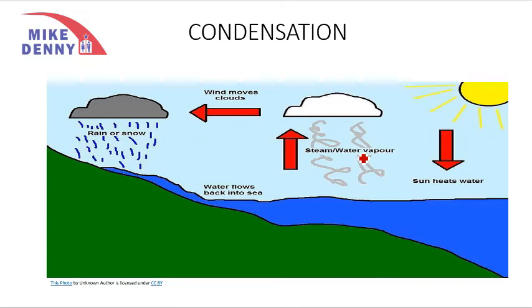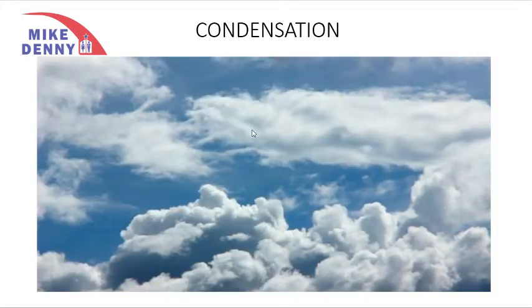And when it goes up to the atmosphere, this gas is transformed into liquid. So actually, condensation refers to the process by which water vapor is changed to liquid. This is the atmosphere where condensation takes place. You can see clouds, which are forms of condensation.